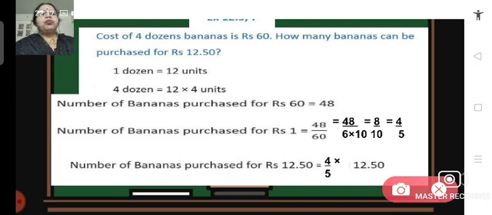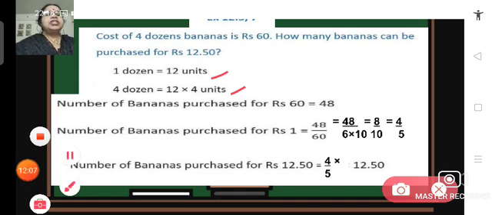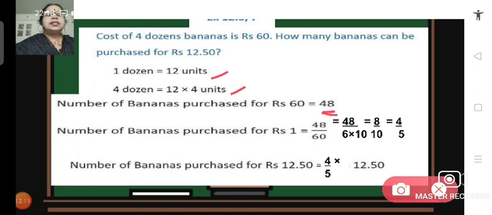We know that 1 dozen bananas means 12 bananas. So 4 dozen bananas means 12 multiplied by 4, that means 48. So the number of bananas purchased for rupees 60 is 48, isn't it?